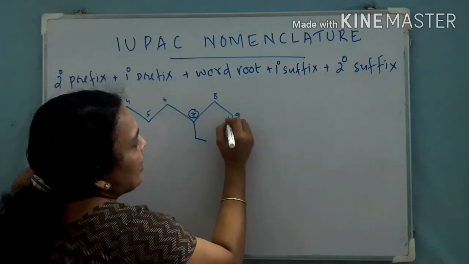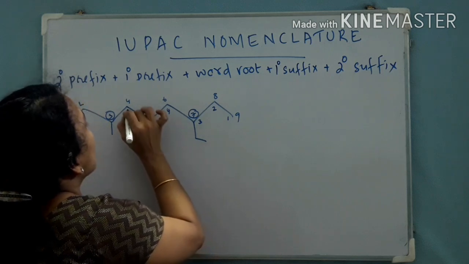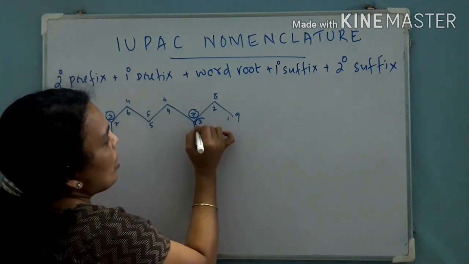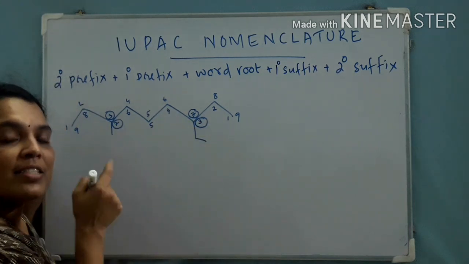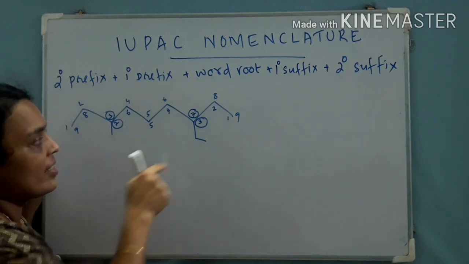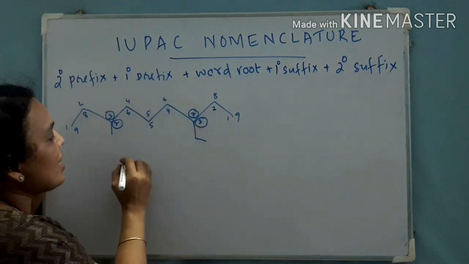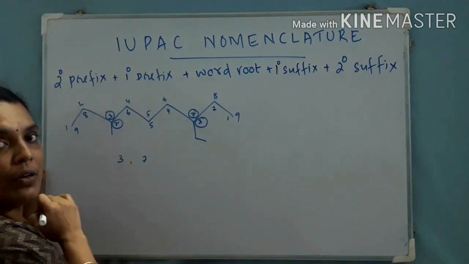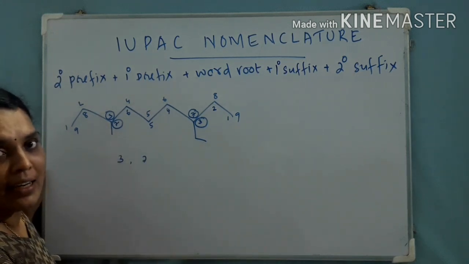Suppose we are numbering in this way: 1, 2, 3, 4, 5, 6, 7, 8, 9. Again, the substituents are present in the same positions, 3 and 7. But one is methyl and one is ethyl.